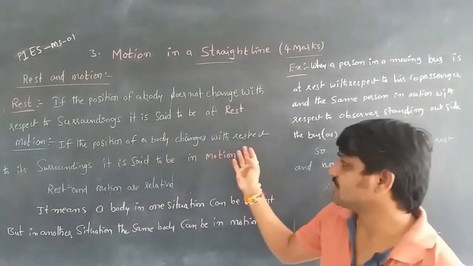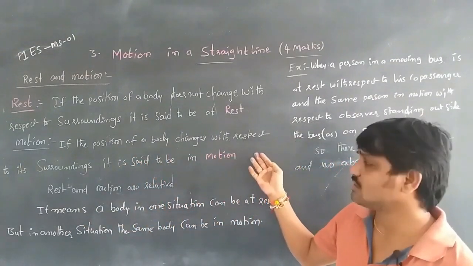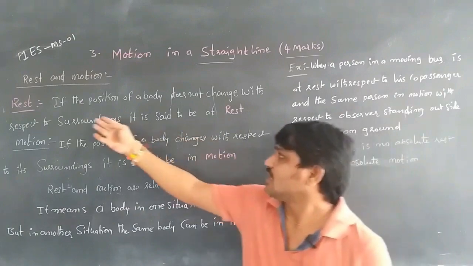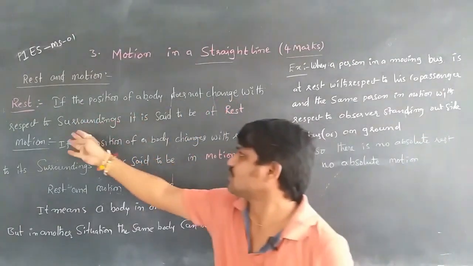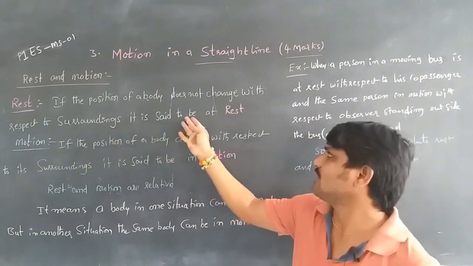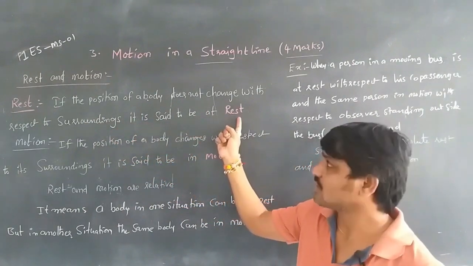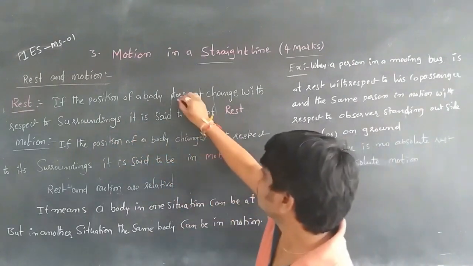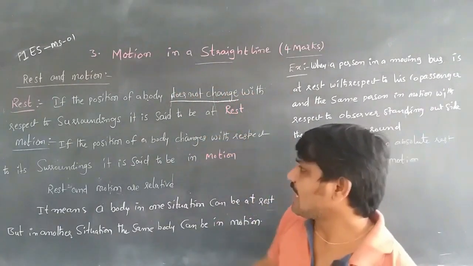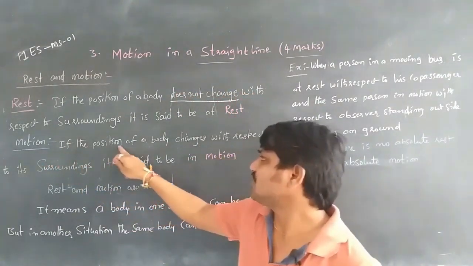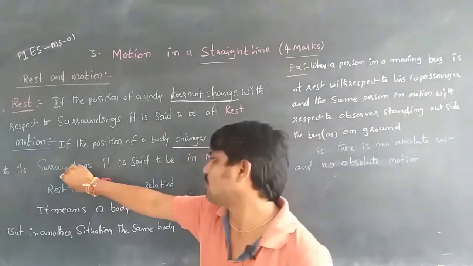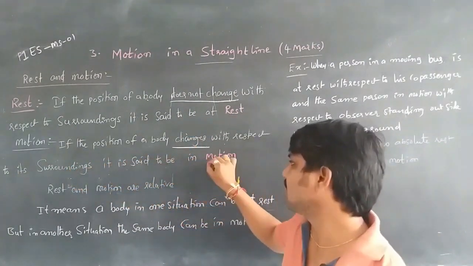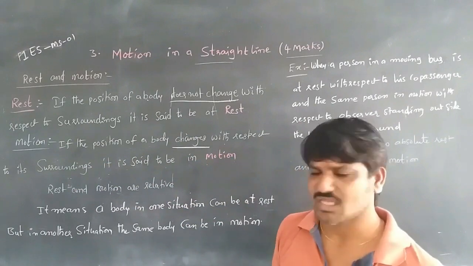Here are the definitions. You can read, write and note them. If the position of a body does not change with respect to its surroundings, it is said to be at rest. Motion means if the position of a body changes with respect to its surroundings, it is said to be in motion. Both are relative.